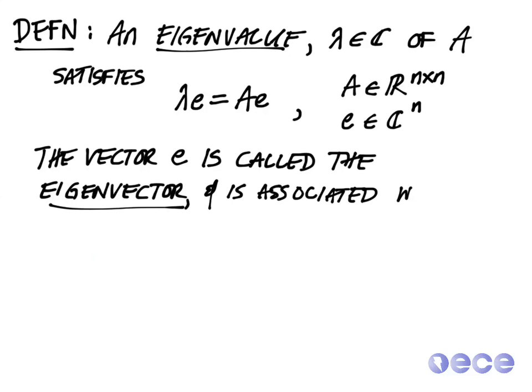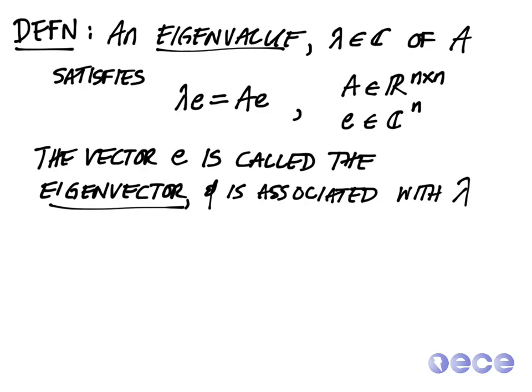So lambda is an eigenvalue of a. If we multiply lambda times an eigenvector, and it equals a times the same eigenvector, then e is called an eigenvector and lambda is called an eigenvalue. So the vector e is called the eigenvector and it's associated with lambda.